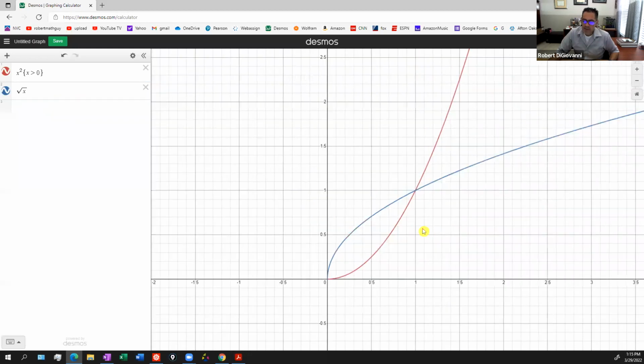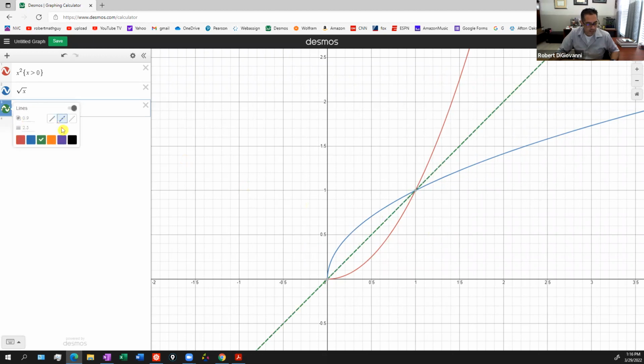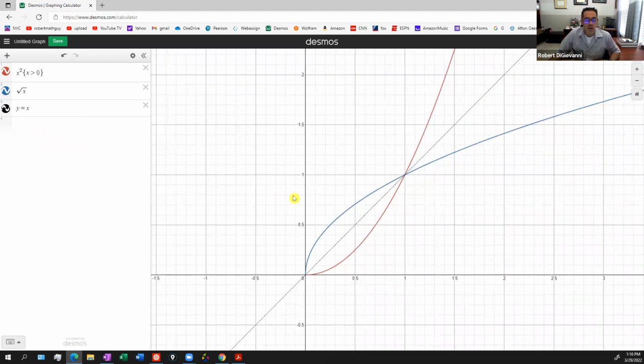And there's something very special about the way these look. If you were to draw a diagonal line, y equals x, see that diagonal? We call that diagonal the identity function, y equals x.